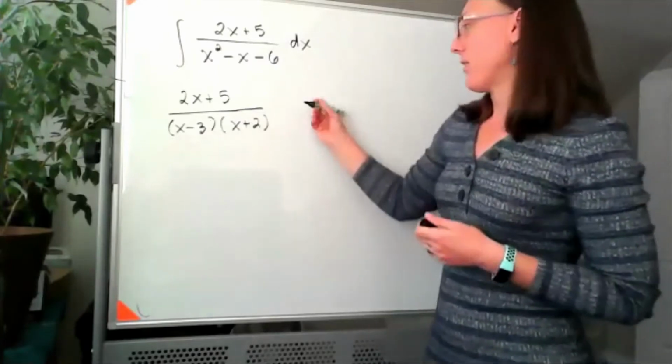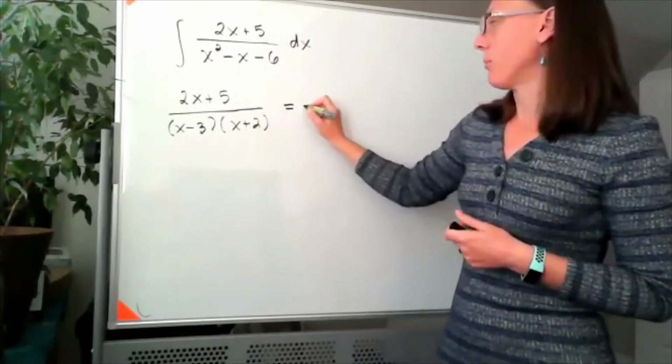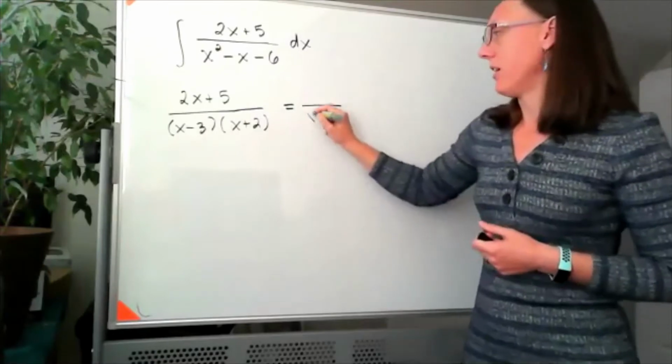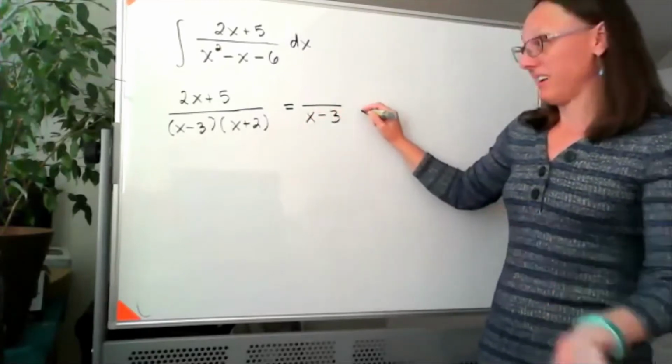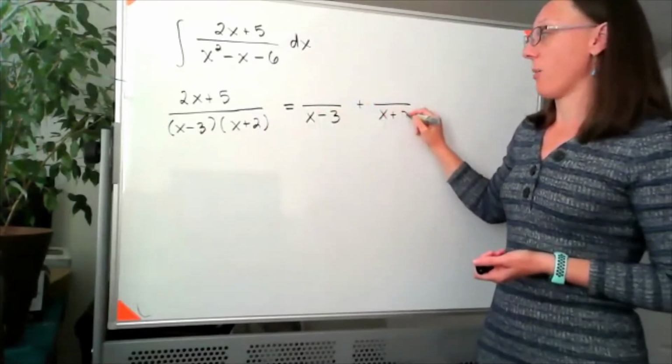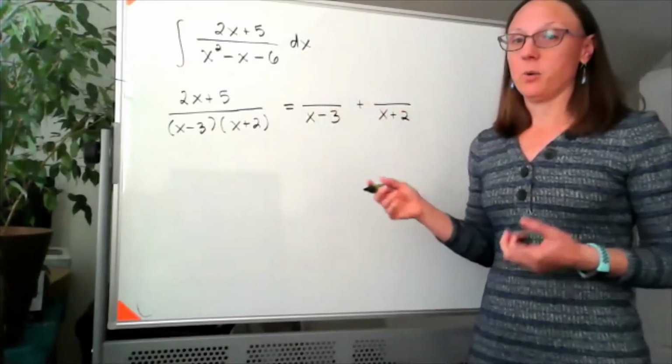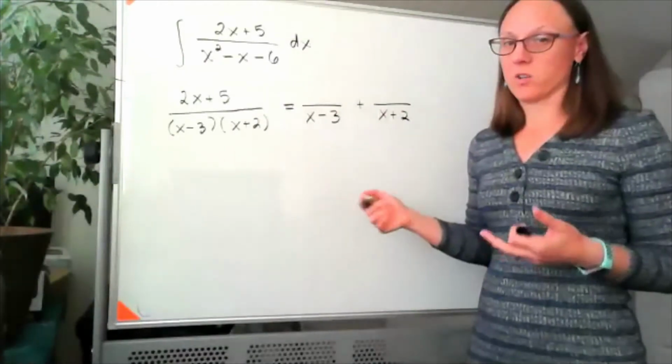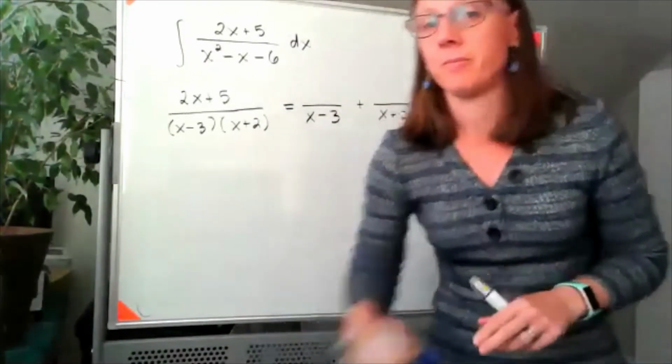So I'm going to say that this came from getting a common denominator for a fraction that had a denominator of x minus 3 and another fraction that had a denominator of x plus 2. Well, I don't know what either of those fractions were, so I'm going to put placeholders in here.